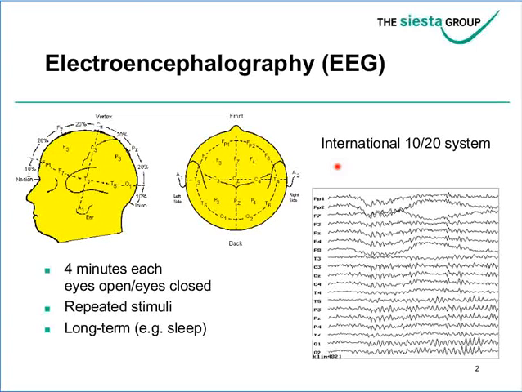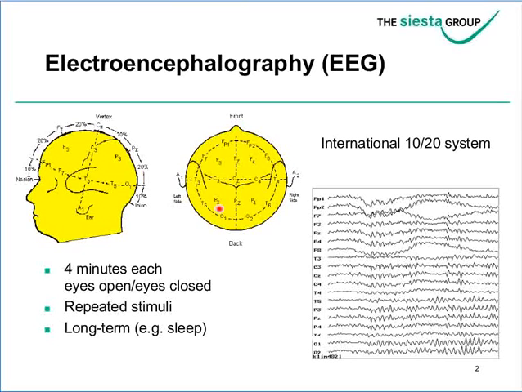I assume that everybody participating knows what electroencephalography or EEG is, but just to make sure that we're talking about the same thing, let me quickly repeat that we're referring here to electrophysiological measurements on the scalp that measure brain activity, typically using electrodes attached according to the International 10-20 system.